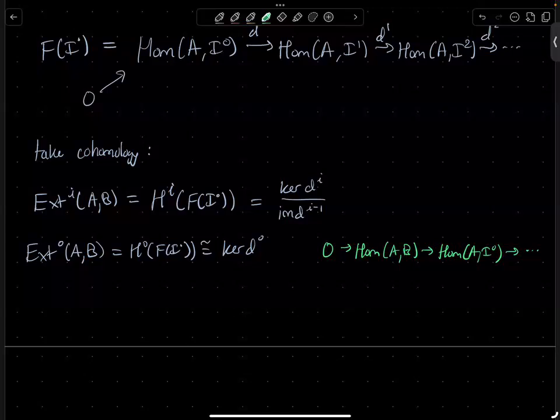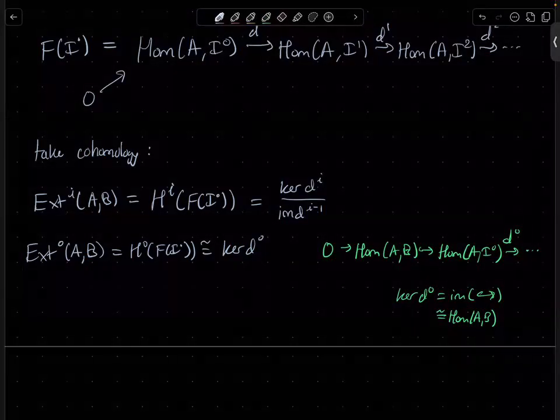And this map is D0. And then this map here is injective, because Hom functor is left exact. So the kernel of D0 is equal to the image of this inclusion, which is Hom A.